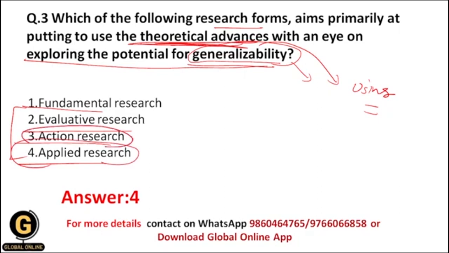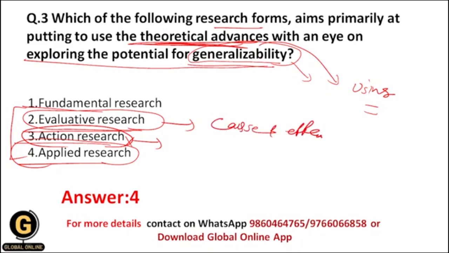This is not action research, because within action research we don't apply any kind of laws, we just solve the immediate problem. Evaluative research, as the name suggests, involves evaluation. For example, we have a cause and effect relationship between the variables.